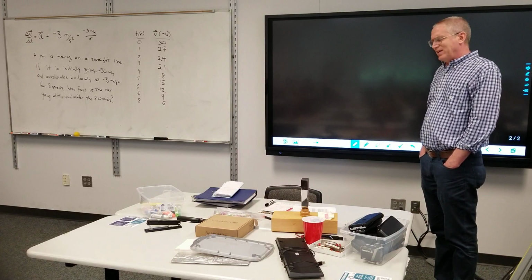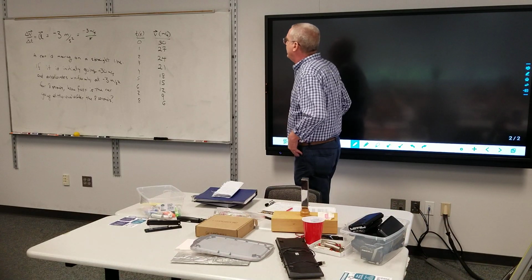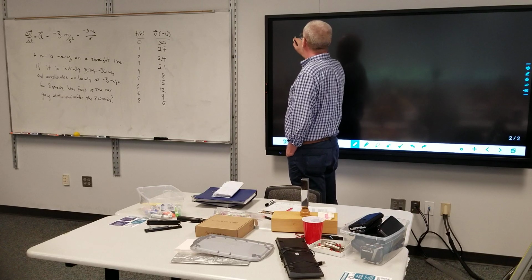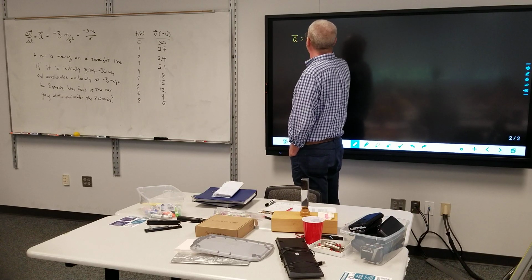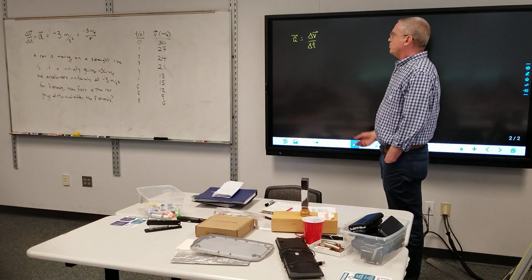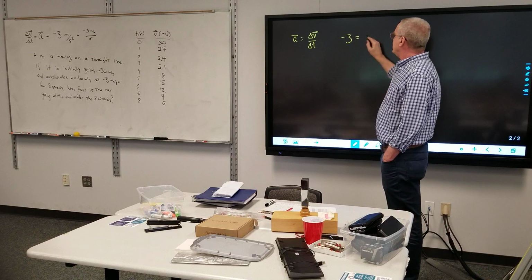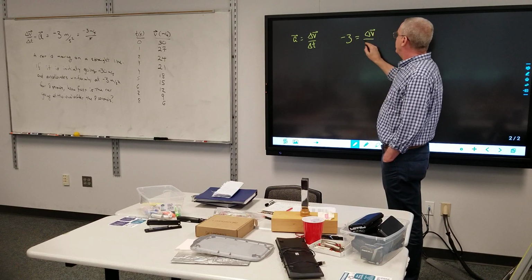So let's do it slightly differently. I know that acceleration is equal to the change in velocity over time. So just plugging it in, I know acceleration is -3, and that's equal to my change in velocity over time, which is 8.